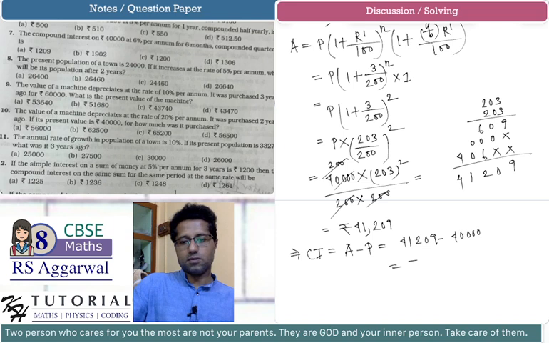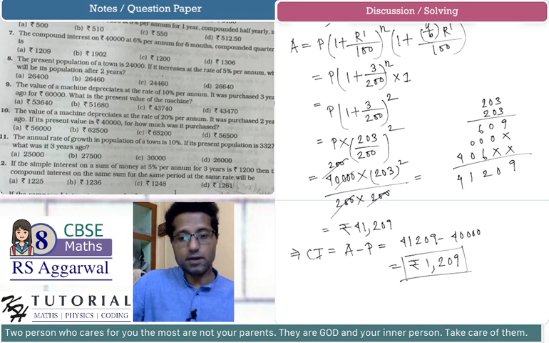So this is equal to rupees 1,209. Rupees 1,209 is the compound interest, and hence the correct choice is A.